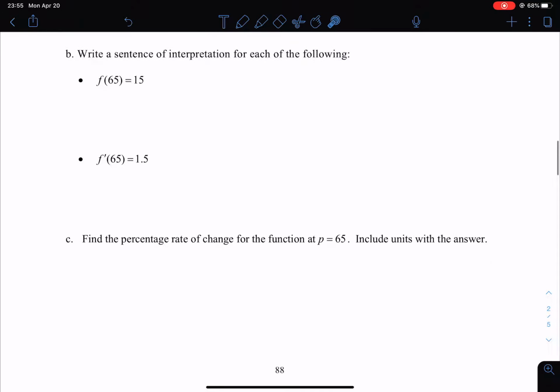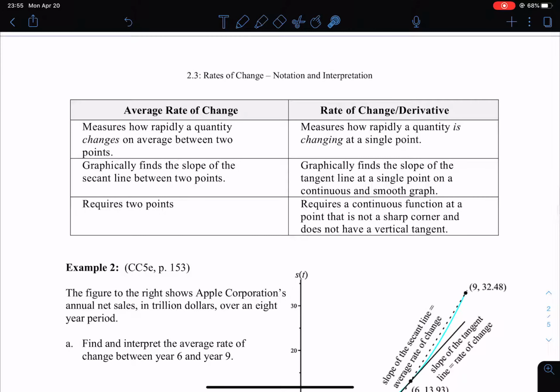And then let's compare this table. For the average rate of change and the rate of change, or just the derivative: average rate of change measures how rapidly a quantity changes on average between 2 points. And the rate of change measures how rapidly a quantity is changing at a single point. Graphically, the average rate of change is the slope of the secant line between 2 points.